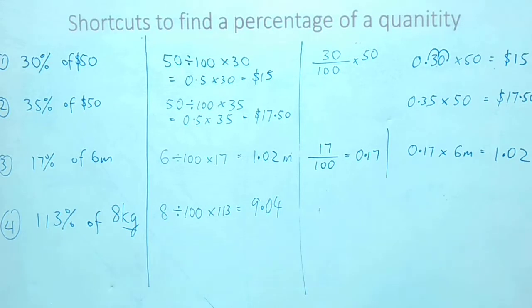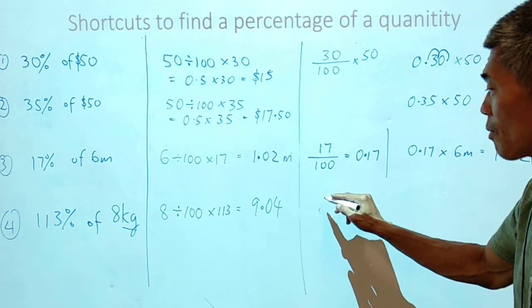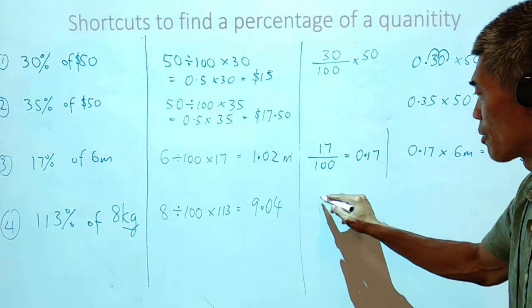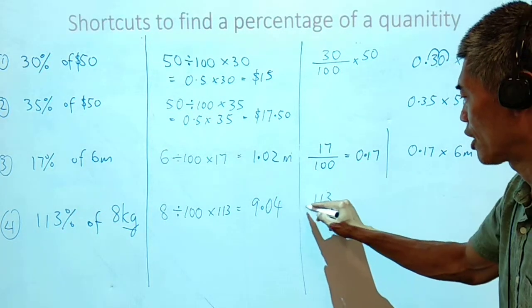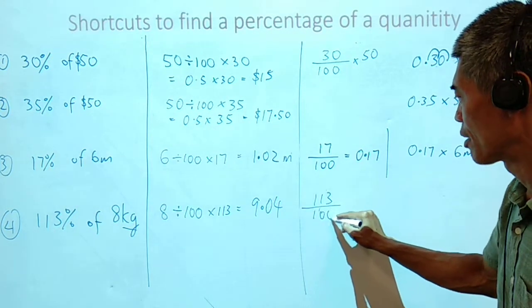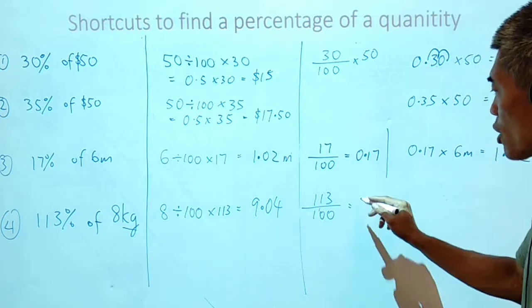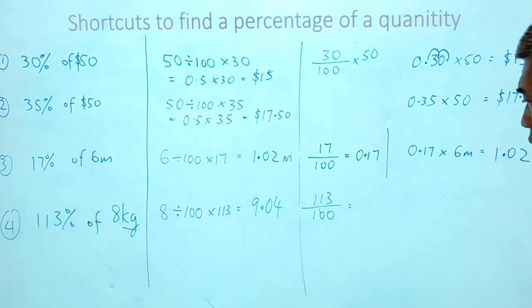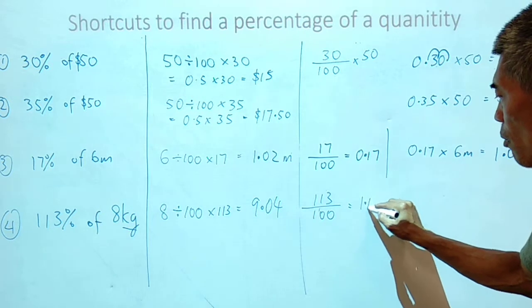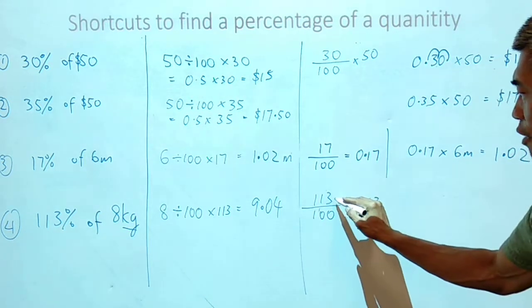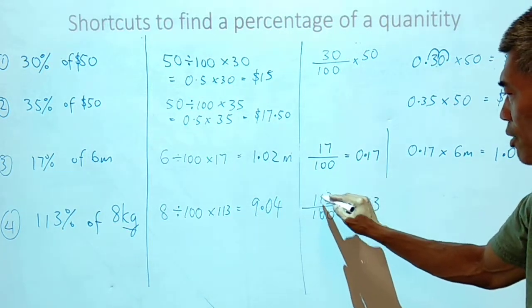Now, if you are again familiar with the way percentages change into decimals, we can write 113 over 100. Now, this one gives me 1.13, and that's because we have moved the decimal point 2 decimal places to the left.